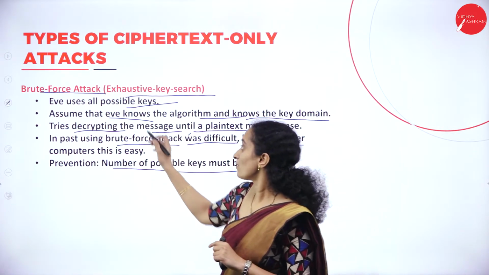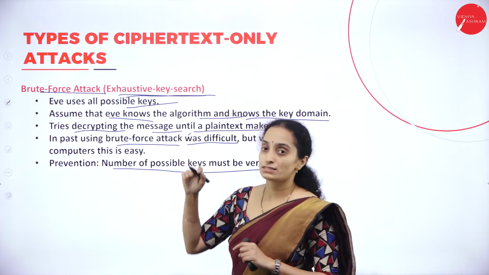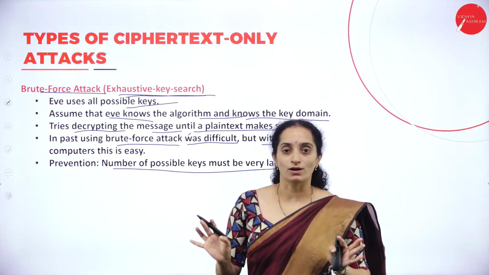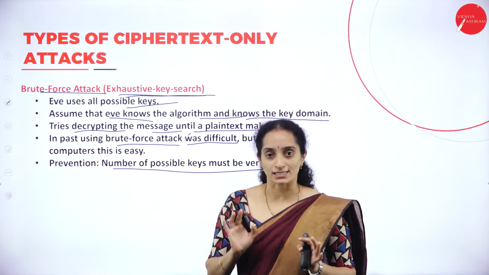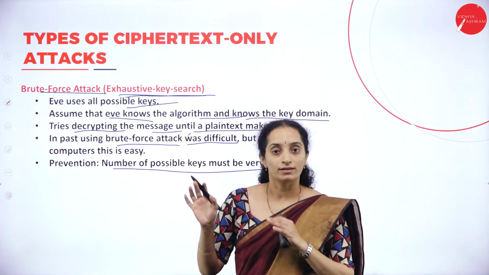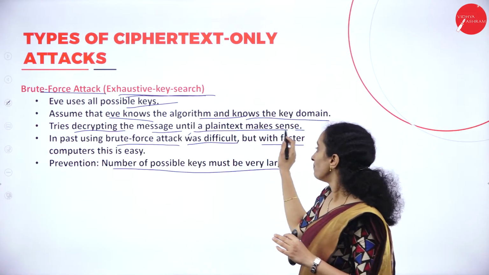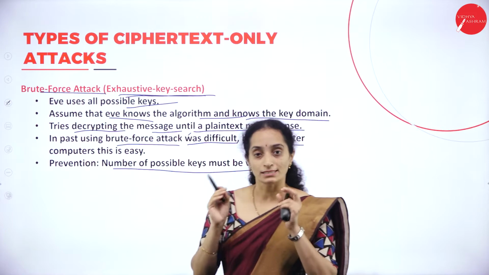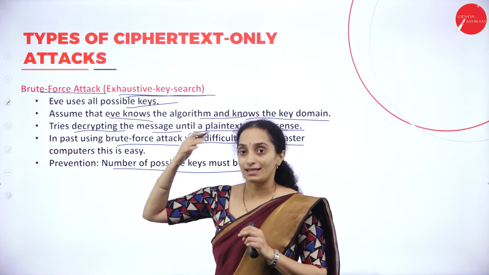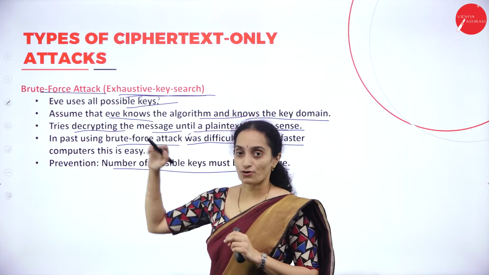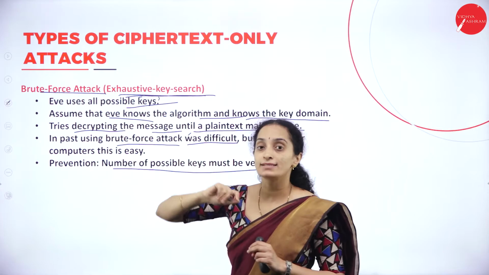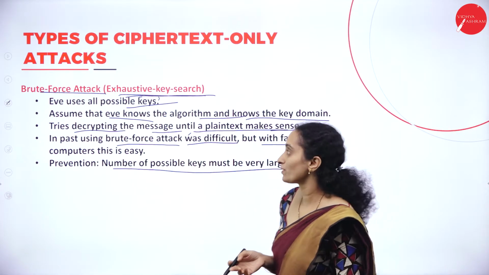That is why it is called exhaustive key search: searching for the key until the domain is exhausted, or until there is a plaintext having some meaning or sense. Until then, you have to search for the key. That is why the brute force attack is also called the exhaustive key search.